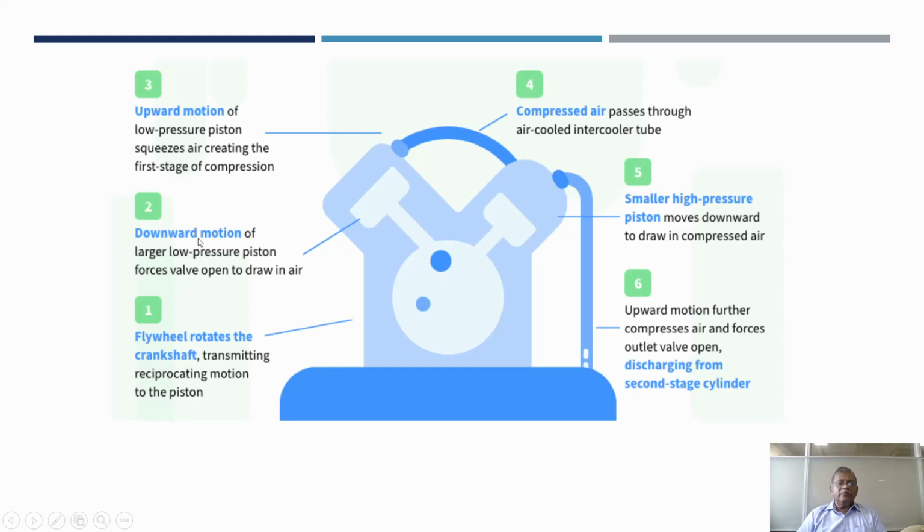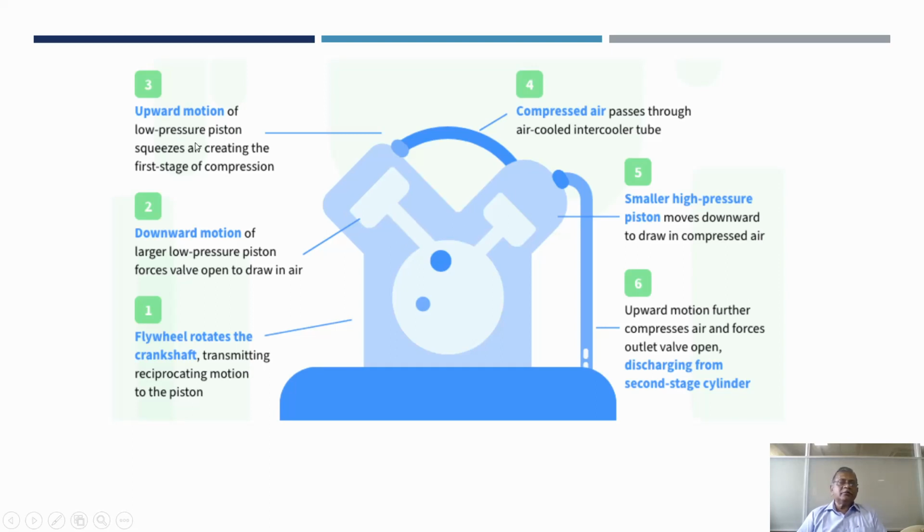Here the downward motion of the larger low pressure piston forces the valve open to draw in air. When the piston is moved downwards, the air will be sucked inside. After moving downwards, the valve will be closed. Then once again the piston will start moving upwards.